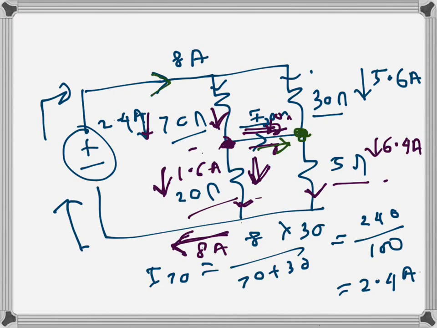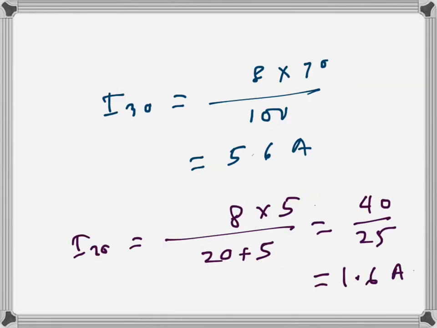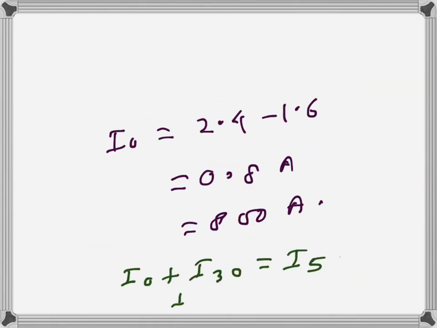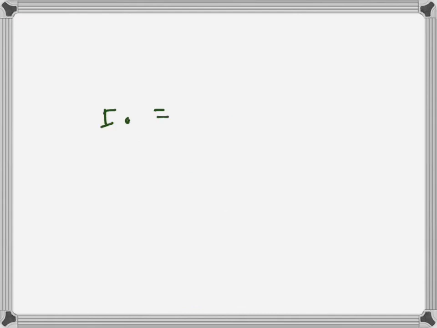We know that I5, which is this current, 6.4 is in this direction, and I30, which is 5.6 in that direction. So I0 will be 6.4 minus 5.6, and again we get the same current, 0.8 amps. So I0 is 800 milliamps or 0.8 amps.